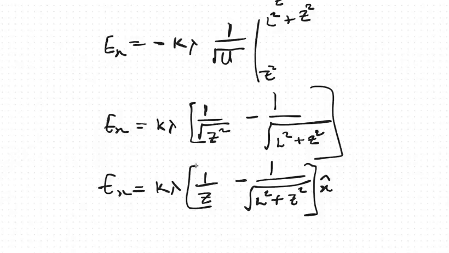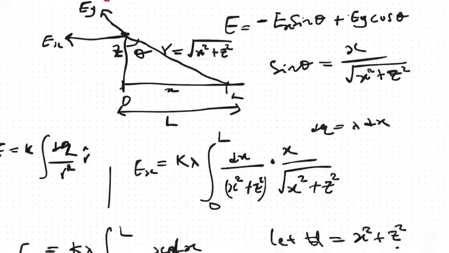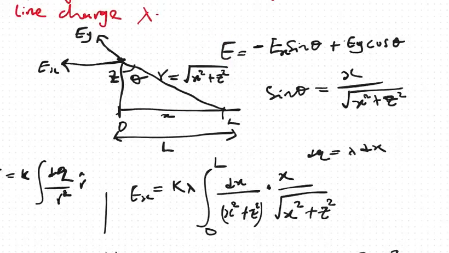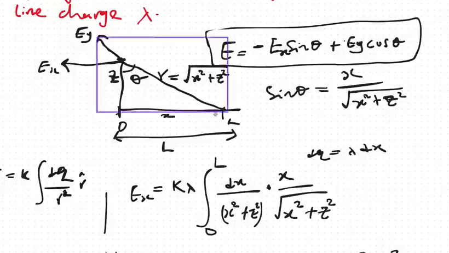So this is the electric field in x direction, but remember we have the electric field to be this expression. So we have to solve for Ey, the electric field in the y direction.